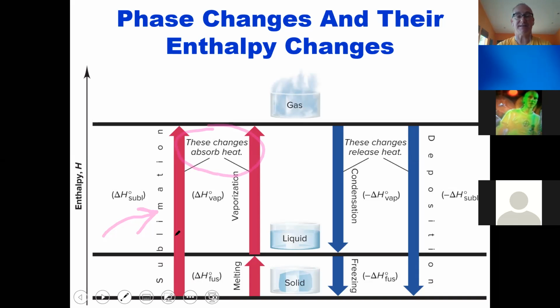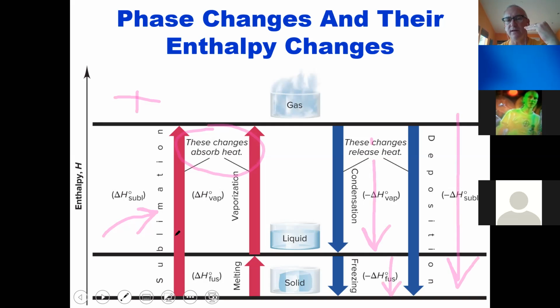Heat has to be added to that system. And so that is positive. So positive over here, those are endothermic. Now over here, these are exothermic reactions. When you're going directly from a gas down to a solid, or from a gas to a liquid, or from a liquid to a solid, you're reducing the amount of energy in a system.